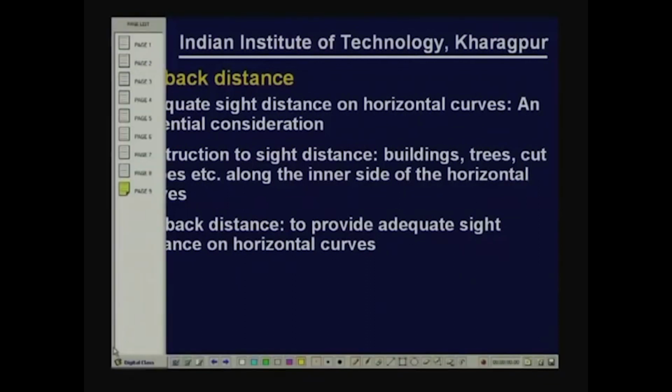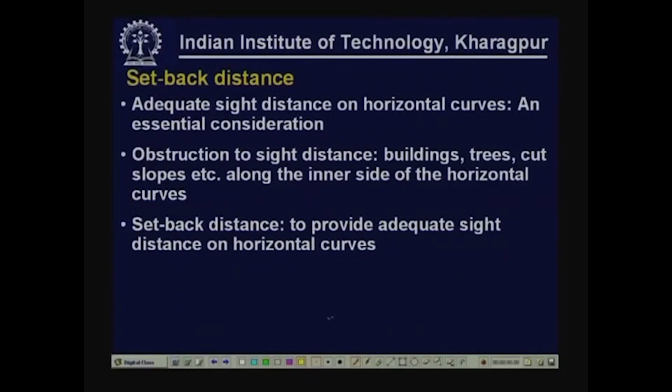So, look at this sketch. Suppose this is a curve, say a vehicle is here, the required sight distance may be along the road, say AB along the road, but the line of sight is like this. So, if there is a building here, then the line of sight is obstructed.